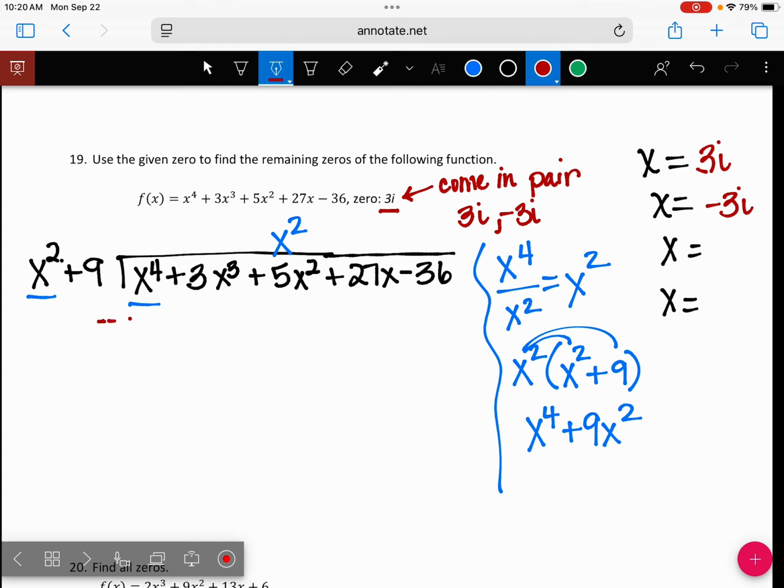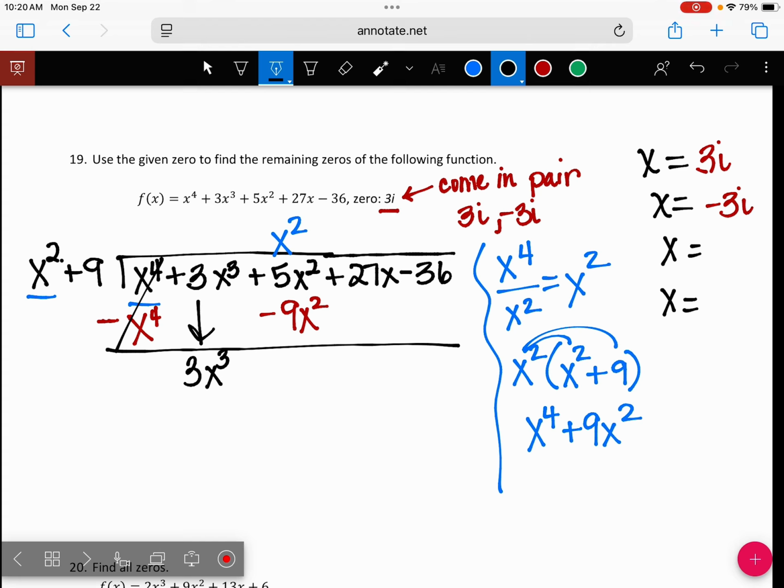So this becomes a minus x to the 4th, and this becomes a minus 9x squared. Again, I am lining up my like terms. So here, this is going to cancel. All right, this comes down. This becomes a negative 4x squared.